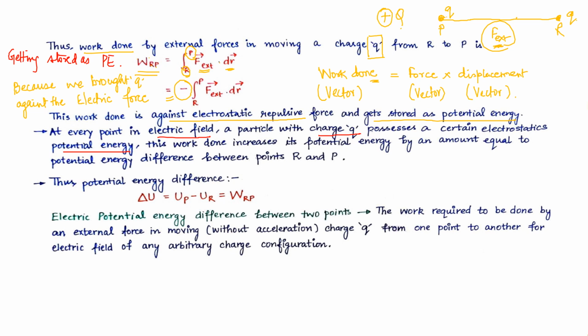This work done increases its potential energy by an amount equal to the potential energy difference between the points R and P. Like any point at rest, will it have kinetic energy? No, it will not have kinetic energy because it is at rest. V is 0. Kinetic energy is defined as half mv square.